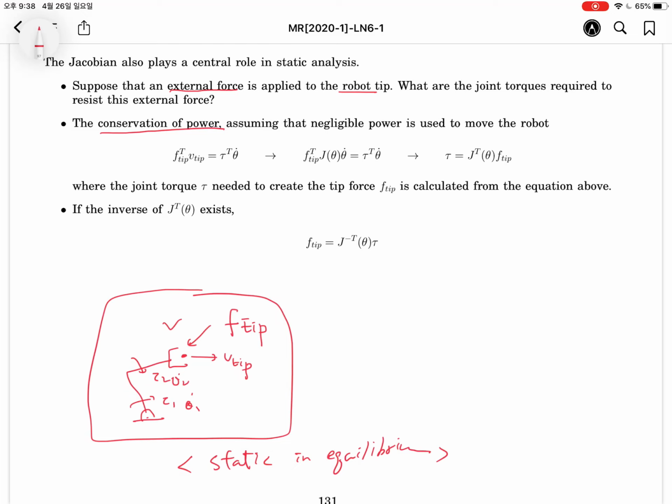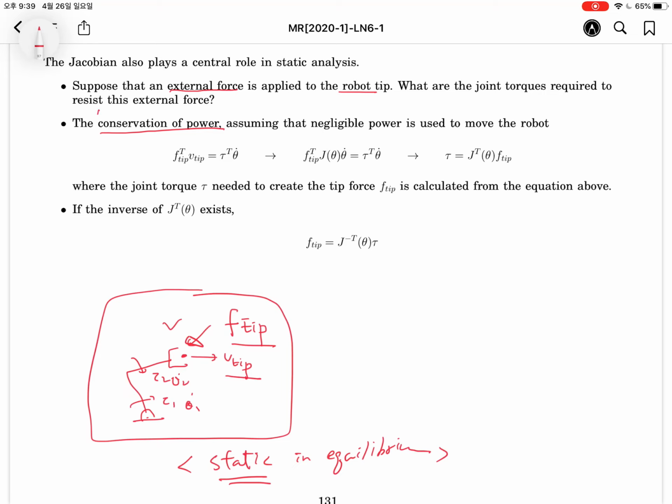The inertial force is related to dynamics, so we limit the problem to a very limited situation. So we will assume that the robot is static, not moving, but the robot has the external force and tip velocity.